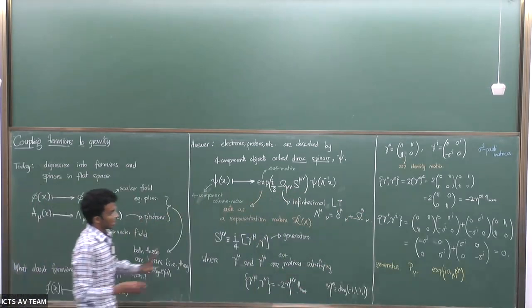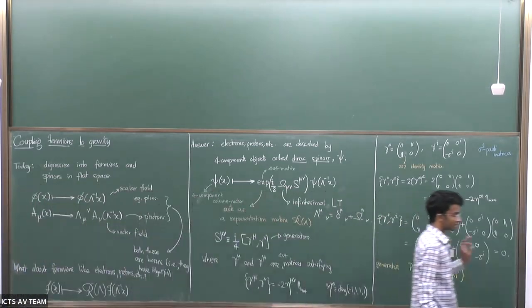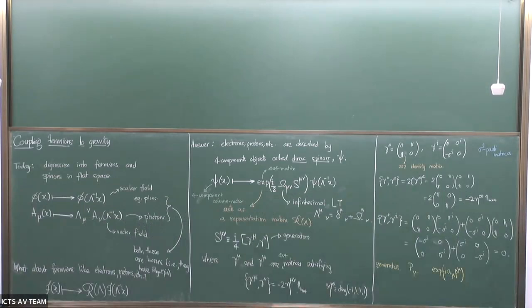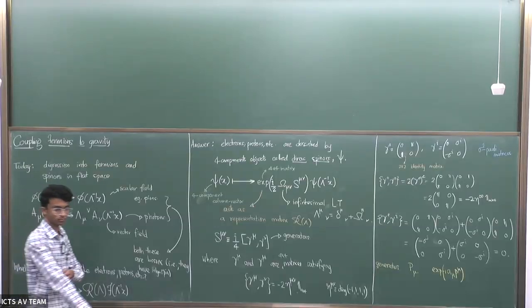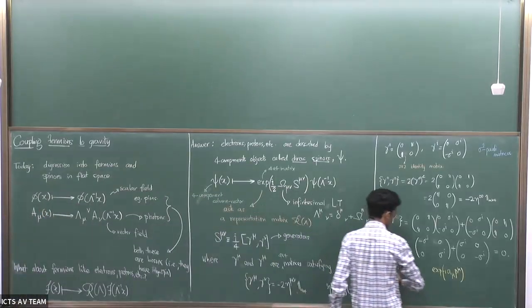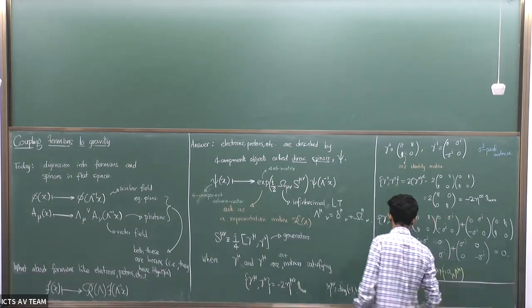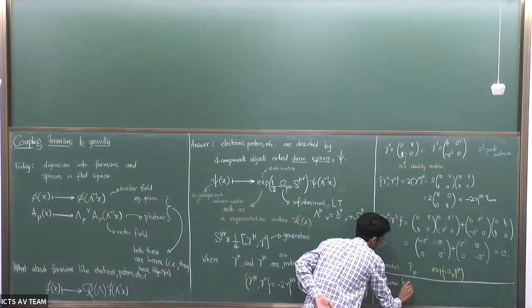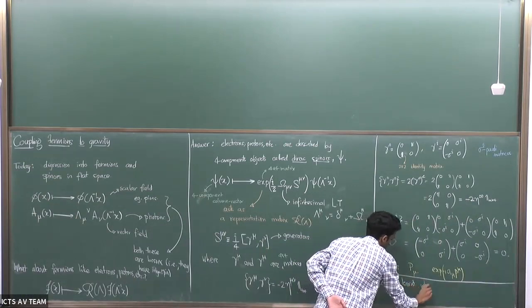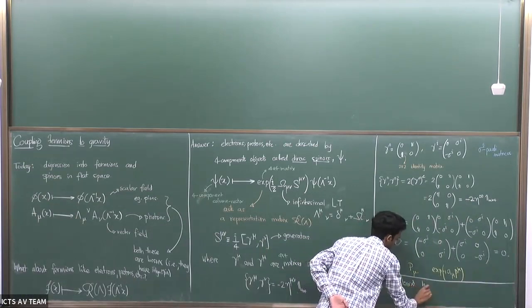Okay. Anyway, so this ends our first goal, which is how do you describe fermions? Okay. So what have we learned so far? We have learned how to describe fermions.